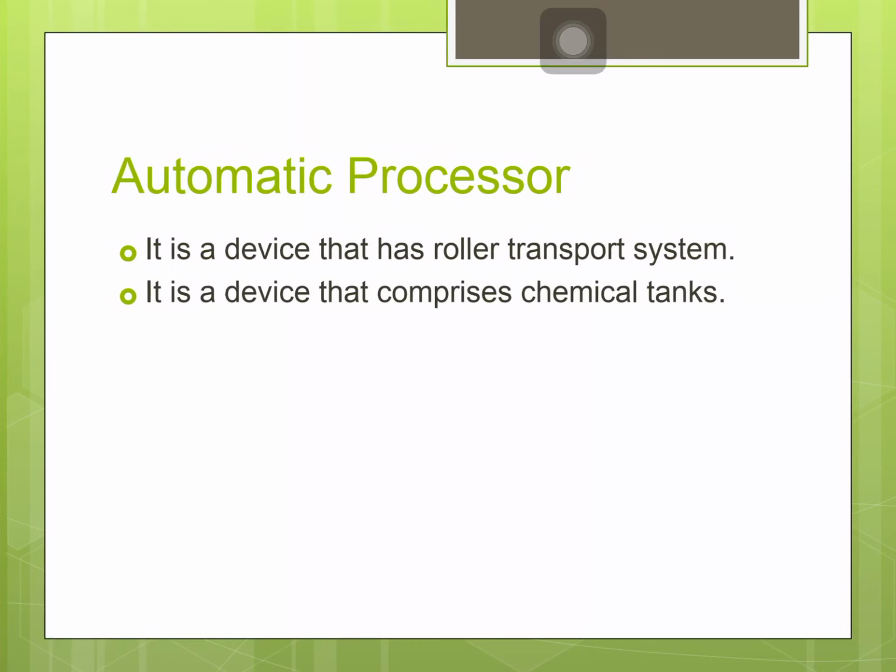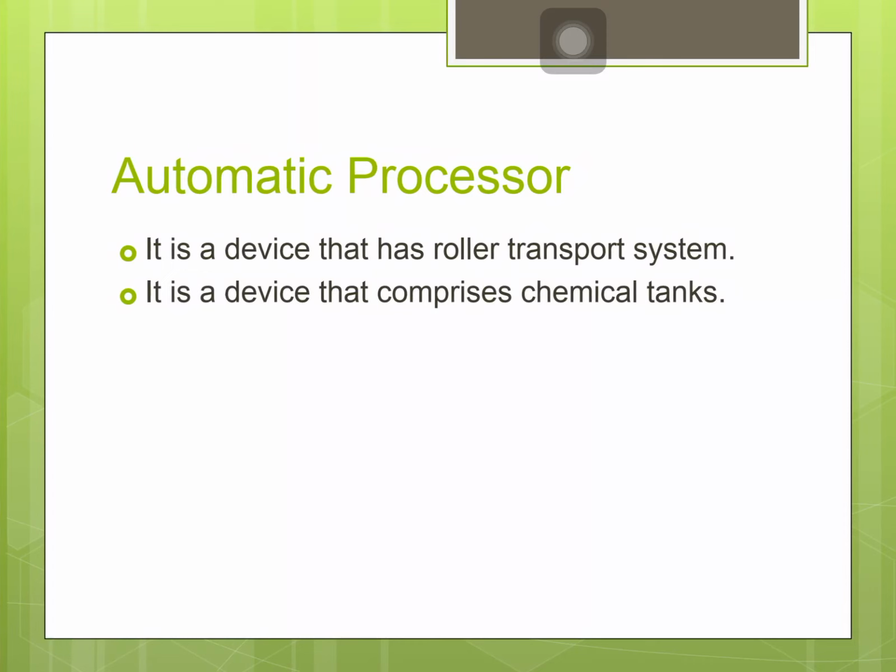So this is a machine na yung mga chemical tanks ay nasa loob nito and composed of transport system or of rollers. So kay automatic processor, ang ginagawa niya is doon natin siya i-feed yung radiographic film na na-exposed and lalabas siya ng machine na yon na meron ng manifest image.